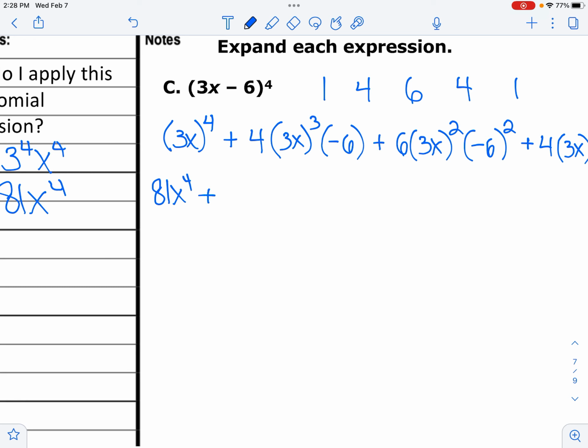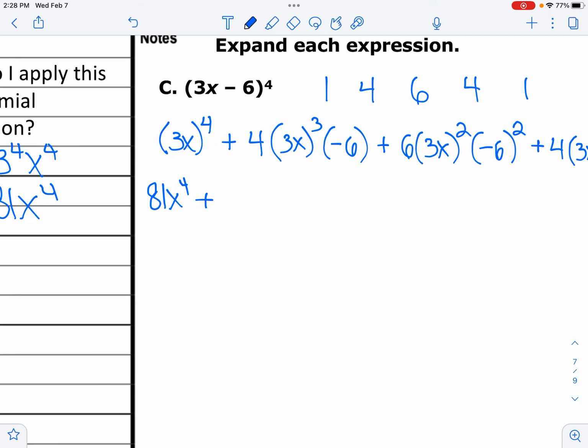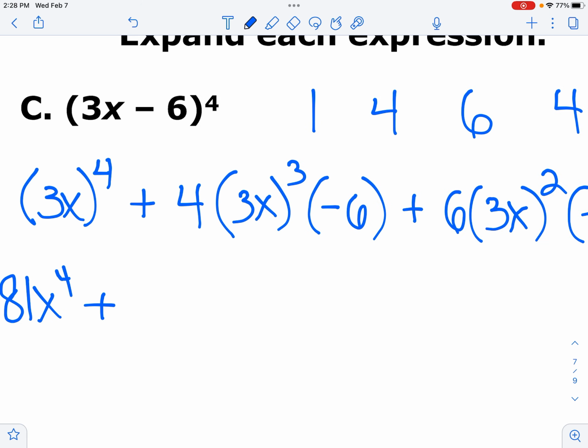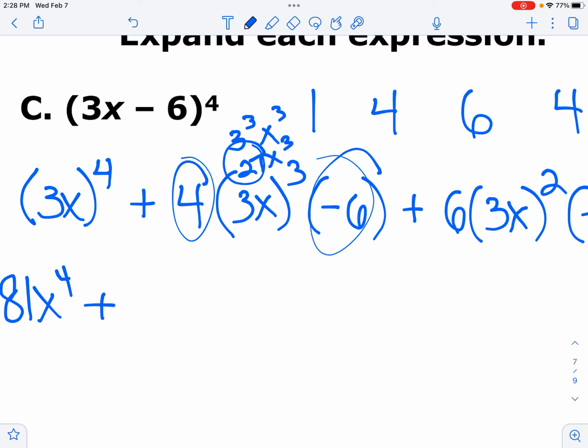plus, okay, now I want to do this first before I multiply everything out, times 4 and times negative 6. So this 3x to the third is really 3 to the third x to the third. Okay, 3 to the third is 27x to the third. So 3 to the third, 27. So now I need to take 27 times 4 times negative 6.